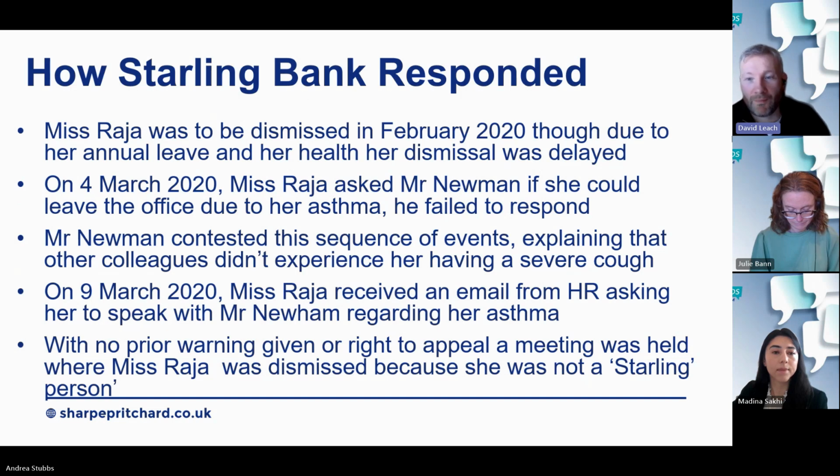But the problem here was there was a developing issue in relation to her health. She needed time away from the office, whether on sick leave or through an amended working pattern, i.e. working from home, because of her asthma. She was saying it was due to the air conditioning within the workplace that was causing a significant problem to her health. And she contested, and the employer said, no, you've never told us, this is silly, what do you want?